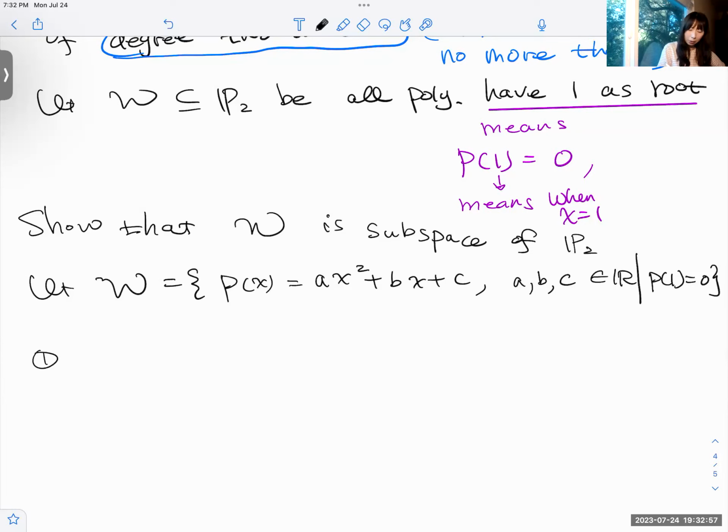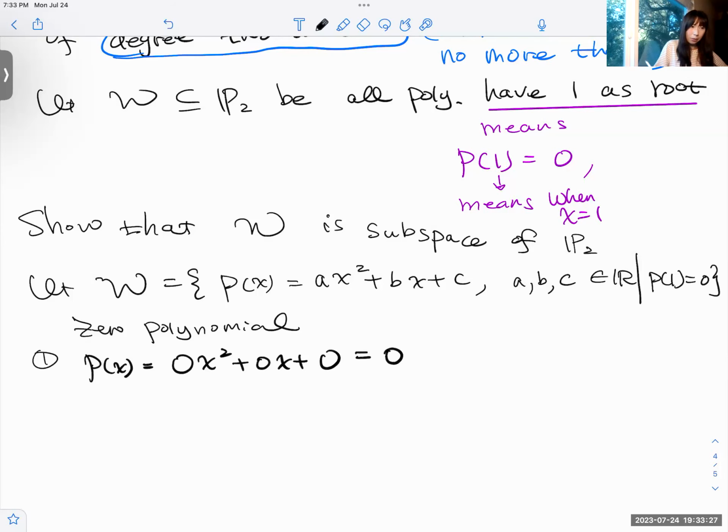Let's make that the first condition, number 1. The 0 polynomial, right? So we have p of x equal to 0x squared plus 0x plus 0, which is 0.